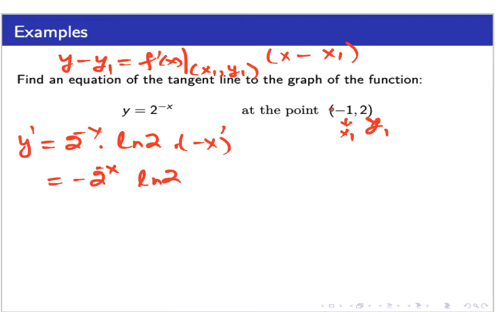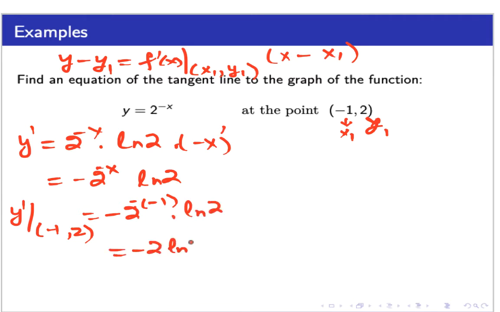Now when we evaluate it at minus 1 and 2, what do we get? So y prime when evaluated at minus 1 and 2 gives me minus 2 to the power of minus 1 times natural log of 2, which is minus 2 natural log of 2. Guys, not looking for any decimals, leave it like that.